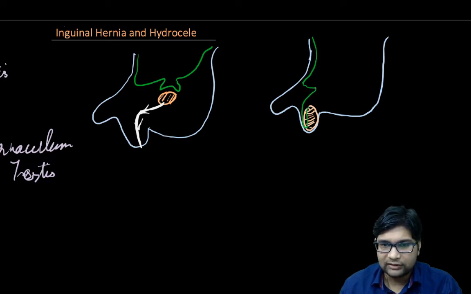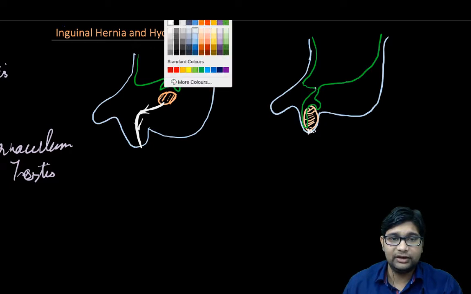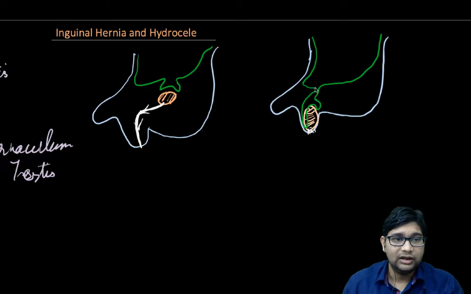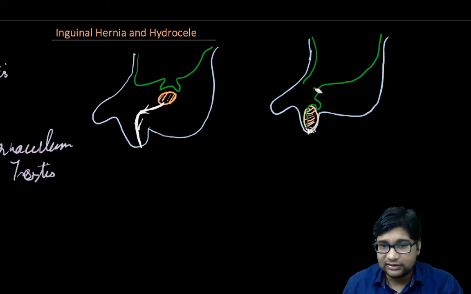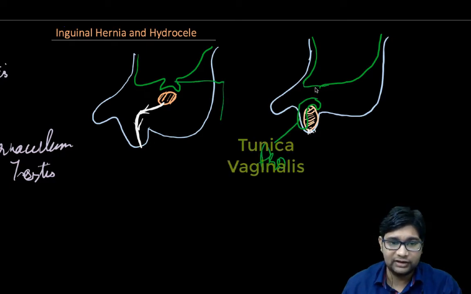And there is a saccular structure around the testis like this, and it remains connected with the gubernaculum stalk. Then after some time, this connection disappears and obliterates. This is known as processus vaginalis.